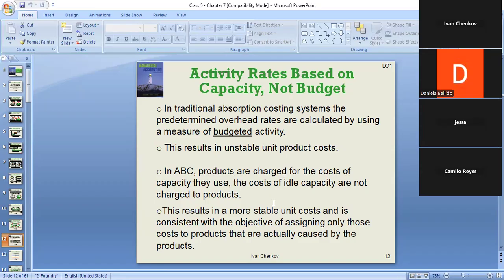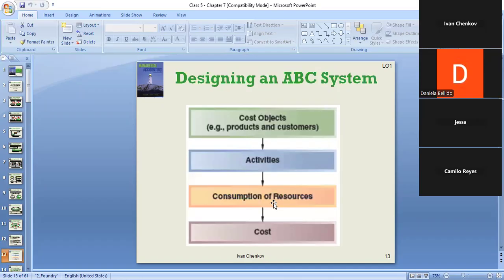In this case, we're going to have this unstable unit product result. In activity-based costing, products will be charged only and only for the cost that they're using. For the cost that they're not using, we're not going to charge them. This result is more stable and costs are consistent with the objective of assigning the cost to the product only for the usage that the product uses.